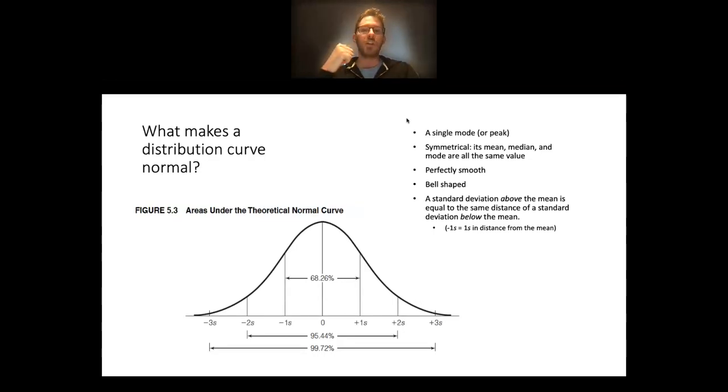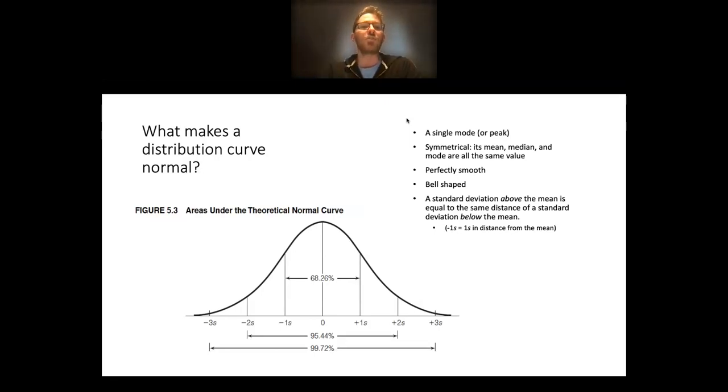So the most frequent number, the perfect middle if you line up all of the values from smallest to greatest, is the one straight in the middle. And the mean is the center of gravity, the one that has an equal amount of values from the left to the right. It is bell-shaped.